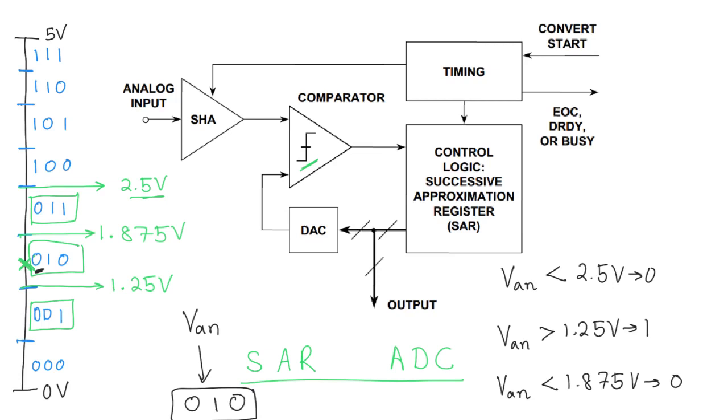And it requires at least 3 clock cycles for us to do a 3-bit conversion. Hopefully that gives you an idea of what a successive approximation register ADC is and how it works.